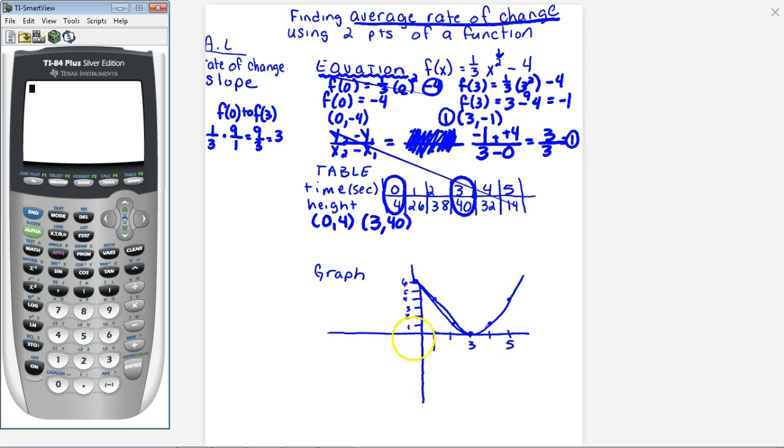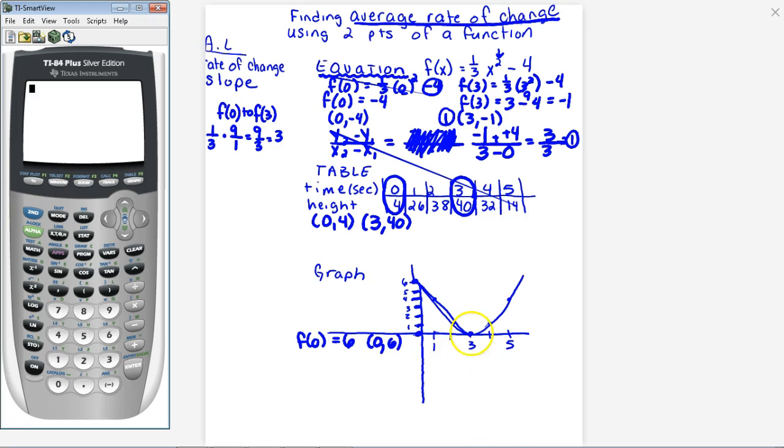We have f of 0 for the graph. If I input 0, my output is going to be 1, 2, 3, 4, 5, 6, right? So my output is 6. So my point is 0, comma, 6.